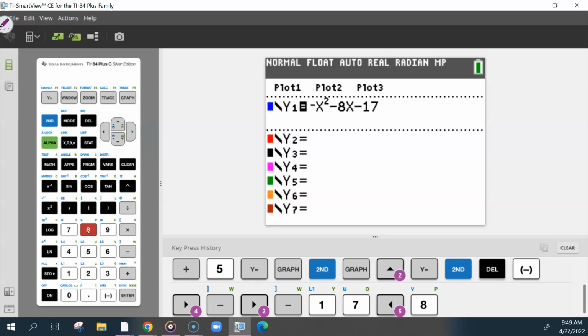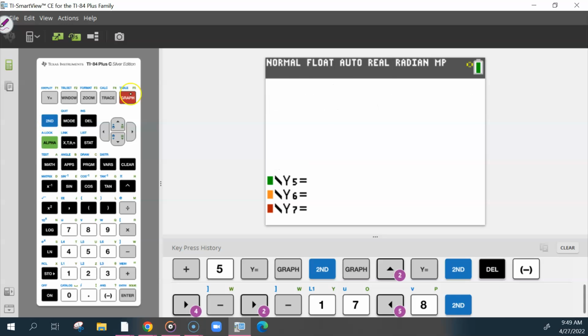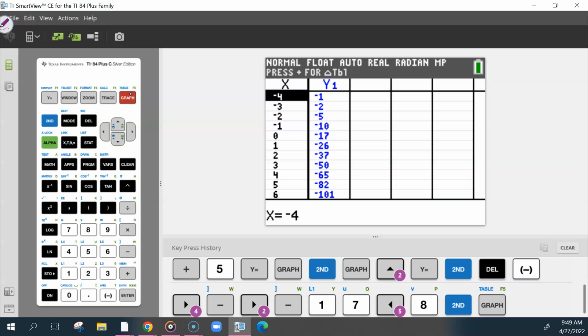Go into your table, find the rest of your y values. Wait, I pressed something wrong. Second graph. So negative 5, negative 2.